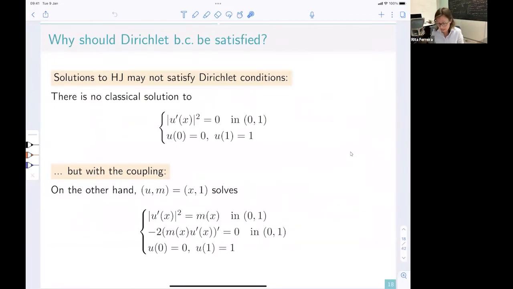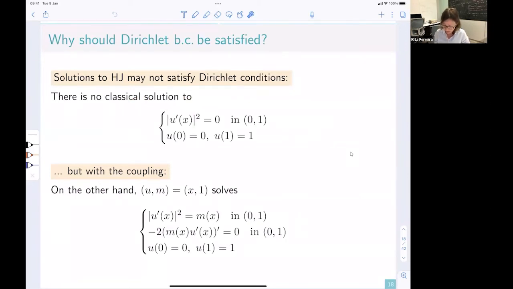Because in many instances, there are no classical solutions to Hamilton-Jacobi equations satisfying Dirichlet boundary conditions. This is a very toy example here, but there are no classical solutions to these equations satisfying these boundary conditions. You don't have it.